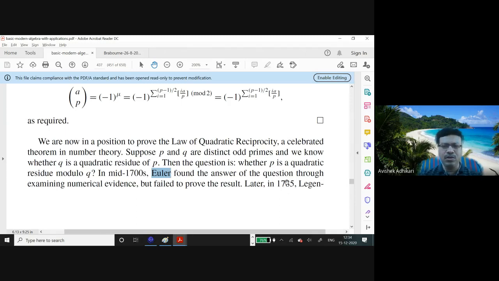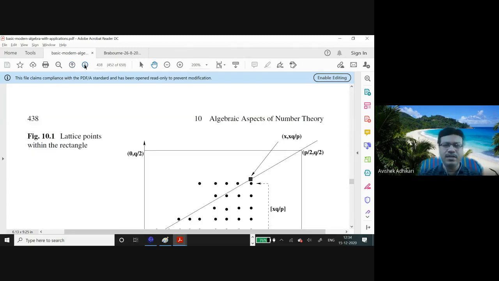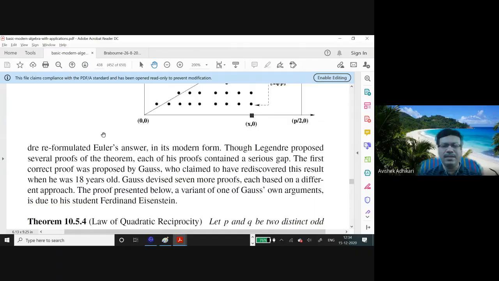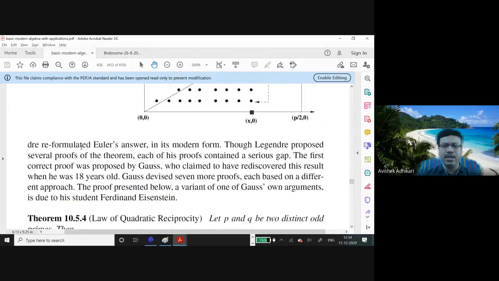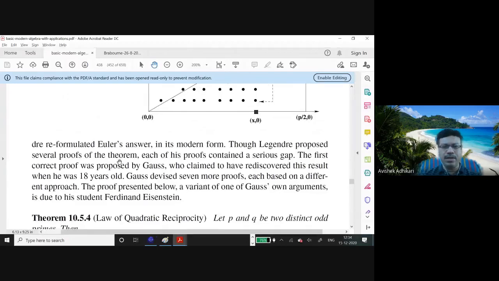A little later, in 1785, Legendre, after whose name the Legendre symbol came into play, for the first time reformulated Euler's answer in its modern form, the form that we have now.